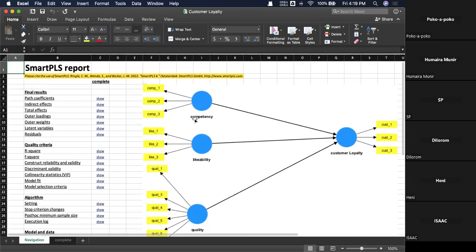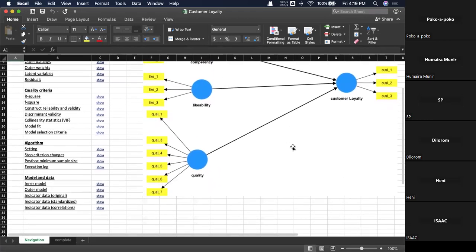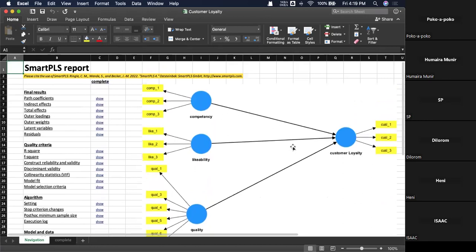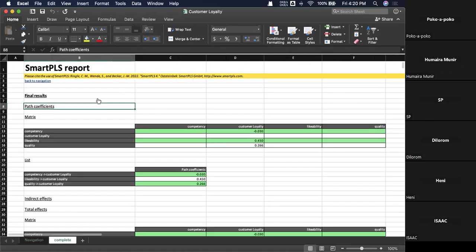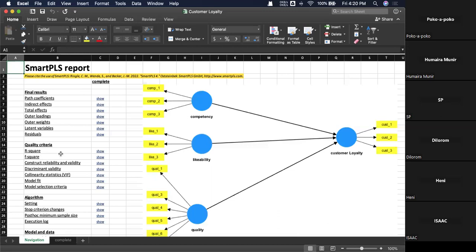If you've saved it and you've accessed it and you've opened it, you're going to have this Excel output. Are we all there, please? If we are there, you can see path coefficient. If I go back to navigation, so I'm still going to go back and explain. So this is your result. I'm going to explain what the result is.